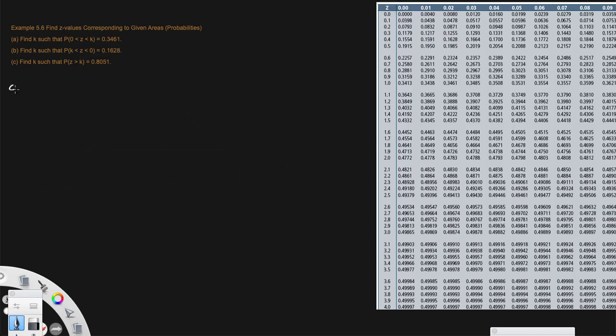Our third scenario, C. Let me first sketch it. Always remember your axes should never touch. What I see here is that your probability is greater than k.